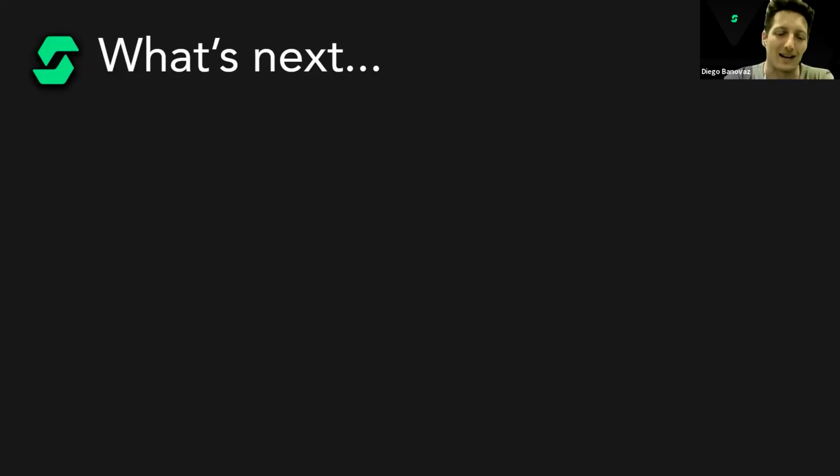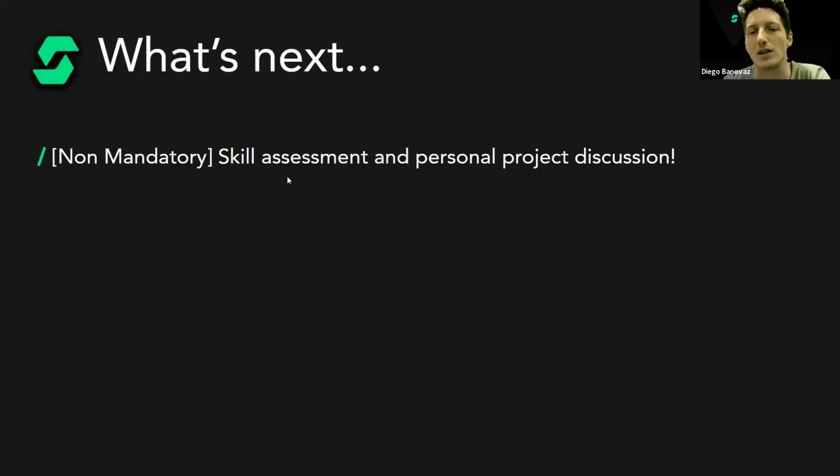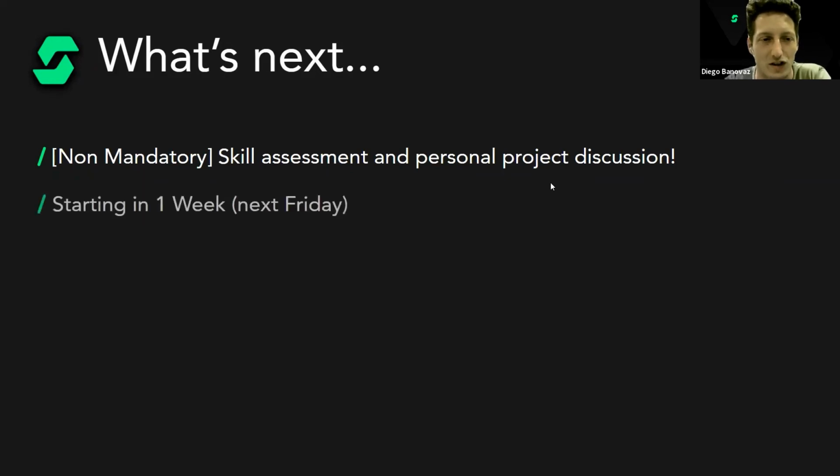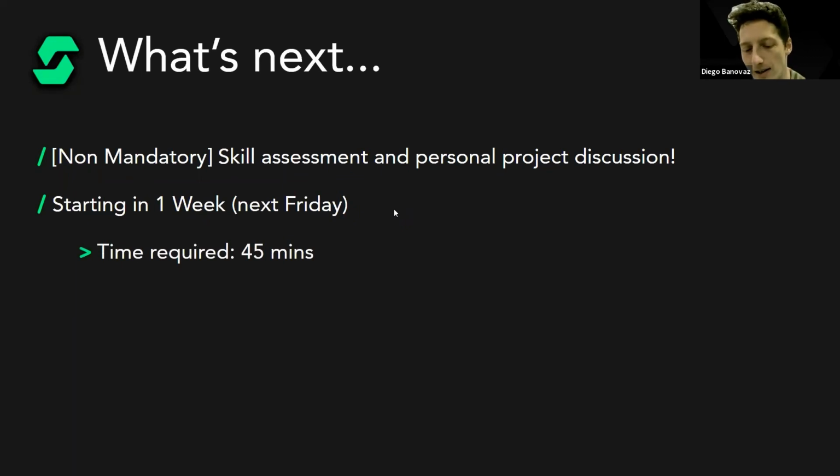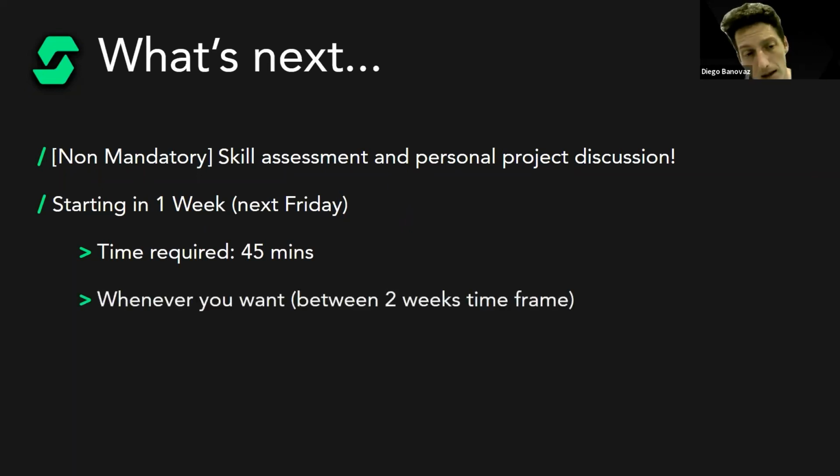But what is next? So, of course, if you want, there is a non-mandatory skill assessment and project discussion. Starting in 1 week, so next Friday, we will make available one link in which you can take the test. The time required for the test will be about 45 minutes estimated, and you can take it whenever you want in a 2 weeks time frame.